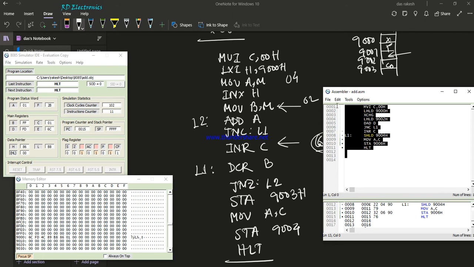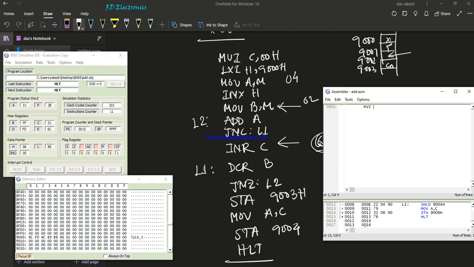Now in the assembler, step by step we follow this code: MVI C, 00 first, and then LXI H 9000 hexadecimal, then MOV A, M, then INX H, then MOV B, M. Now here one loop is generated.